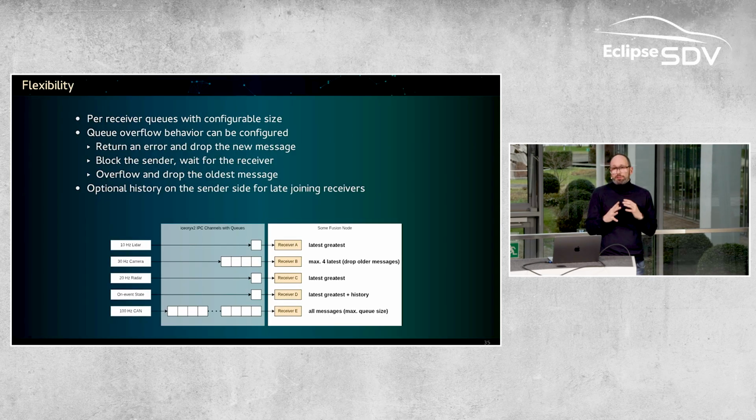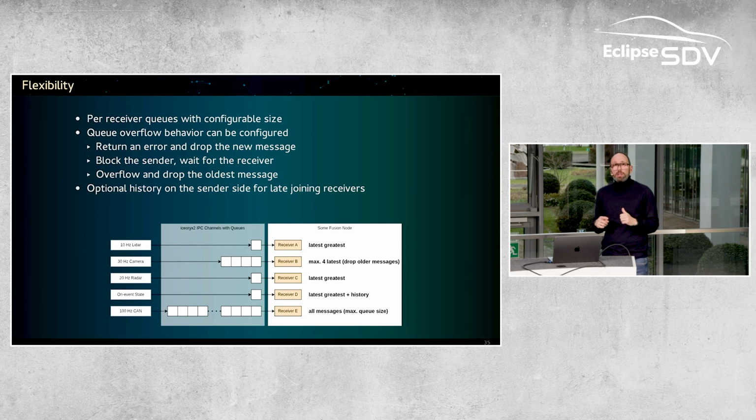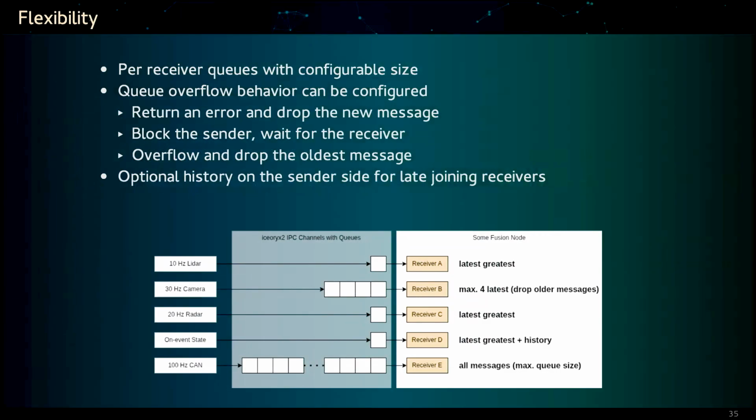And we also have per-receiver queues with configurable sizes. One important aspect is that we can configure the overflow behavior of the queues. Either you say, if I have a queue overflow, that's an error I return, I drop the new message. You could say, I'm blocking the sender, I'm waiting for the receiver. Maybe not the best for real-time and safety-critical systems.